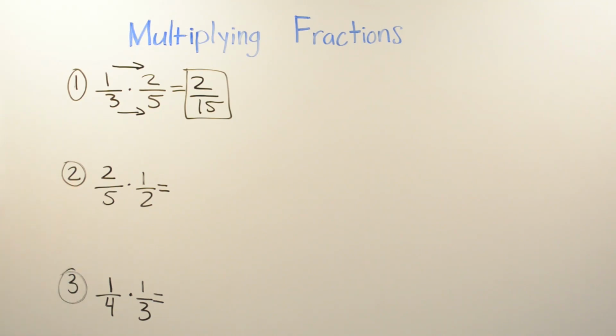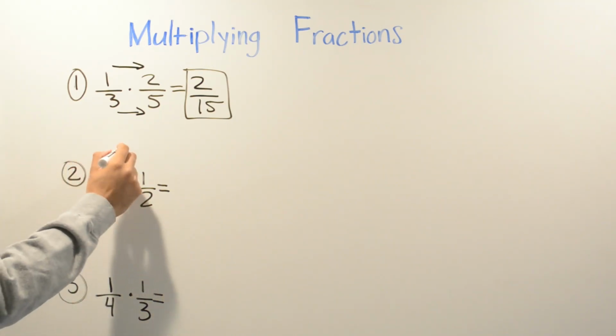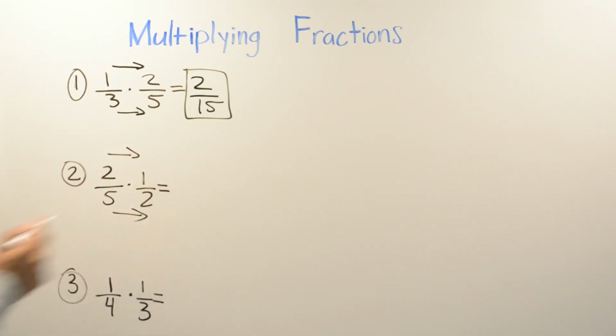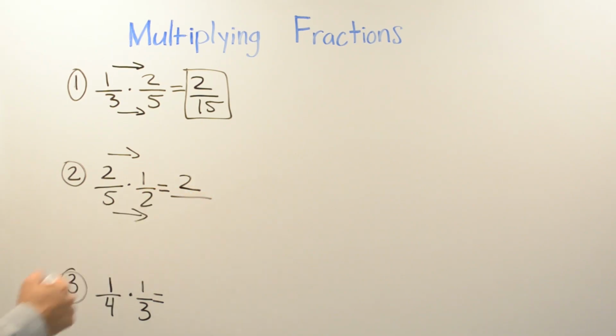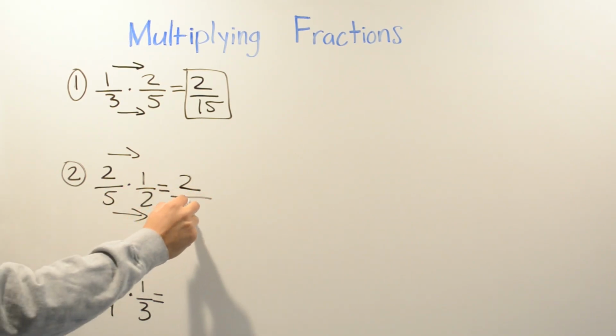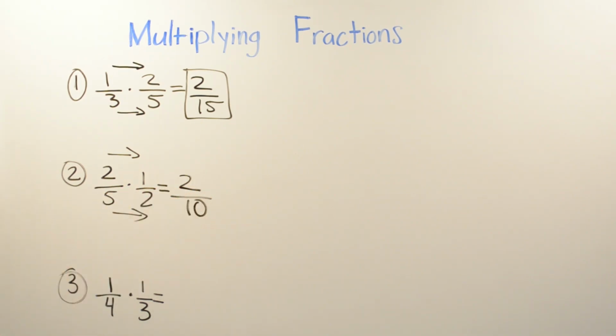On your second example, you're going to go ahead and multiply across your numerator and across your denominator. 2 times 1 is 2, and 5 times 2 is 10. Every time you have a fraction that you can simplify, I always say, even though your teachers don't tell you, but always simplify.